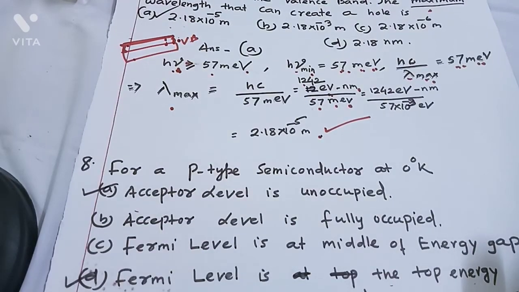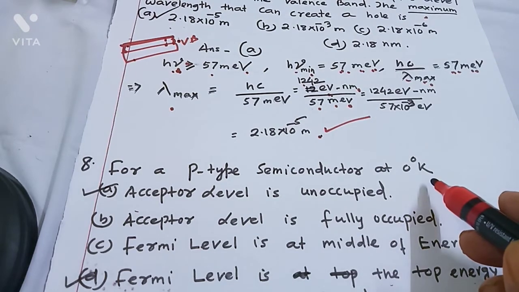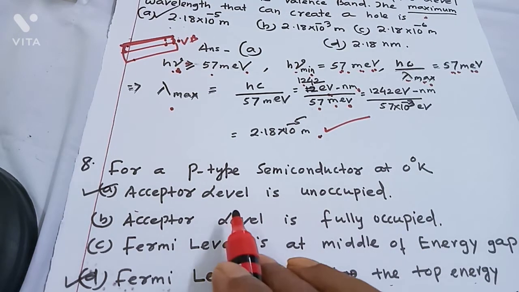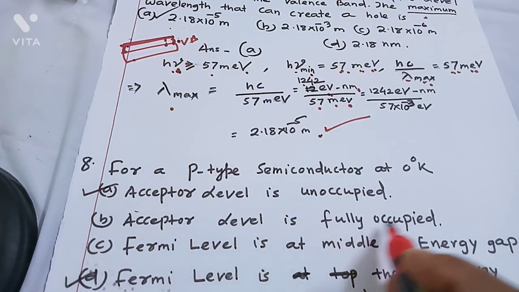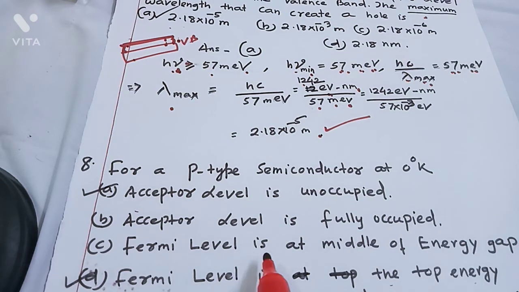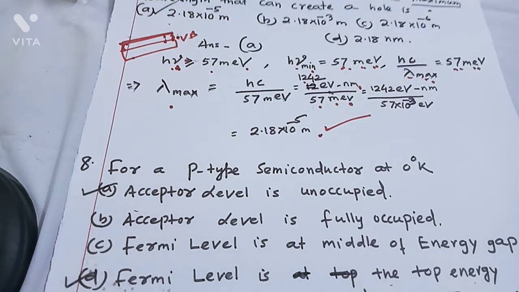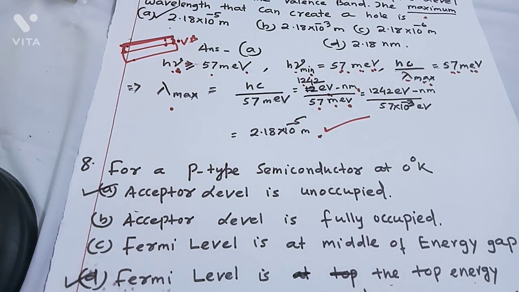Now for a p-type semiconductor at 0 degree Kelvin: acceptor level is unoccupied, acceptor level is fully occupied, Fermi level is at the middle of energy gap, Fermi level is at the top energy level of valence band.